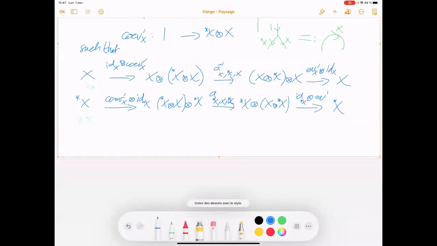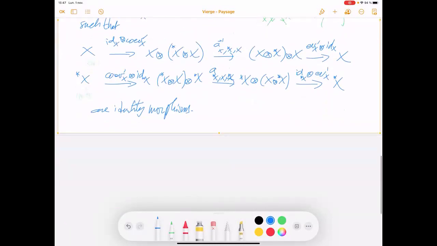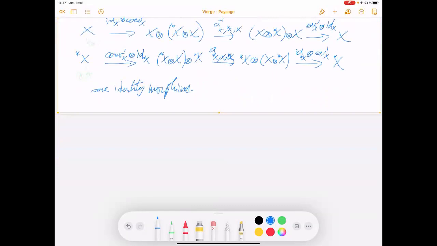Okay, such that our morphism is again the identity. And so the picture is again similar.